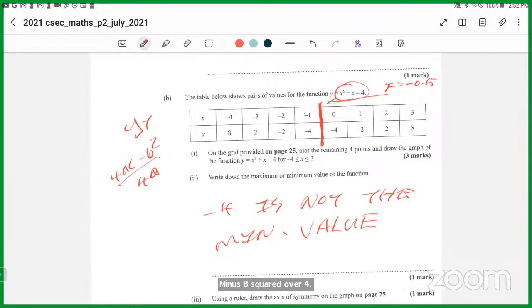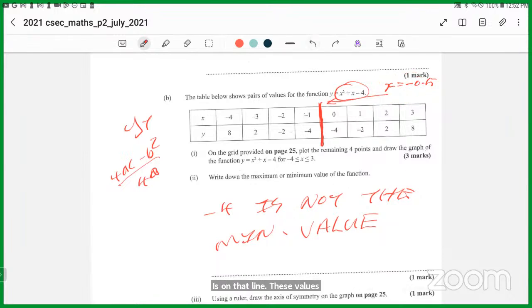But I'm doing it this way over here because I want you to understand it to a level. We don't go calculating stuff when we don't need to, because this is enough information for us to know that the minimum point is at the point where x equals negative 0.5, because the axis is on that line based on these values.